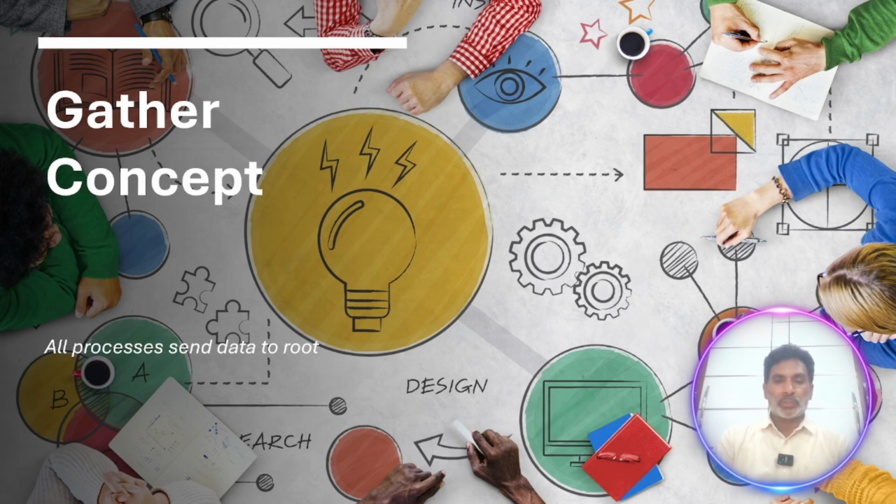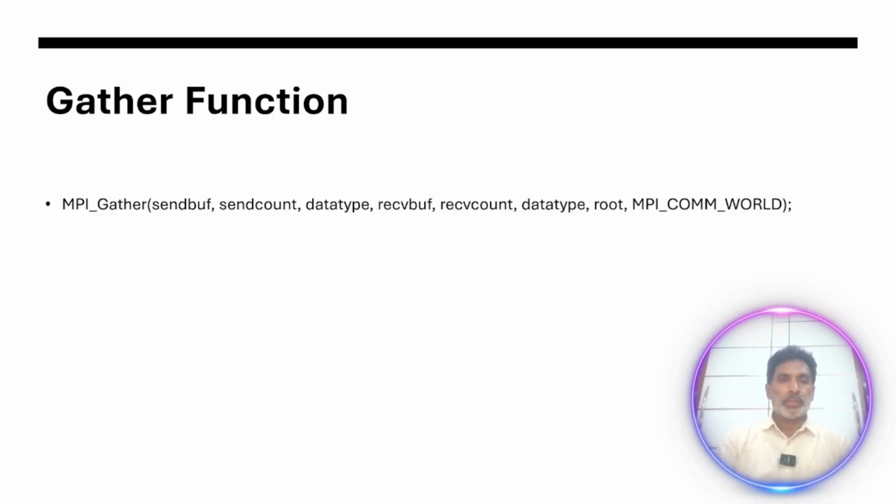And I'm going to explain one simple example of how gather and reduction would be done with the help of multiple threads. And next one is the gather function. If you look at this MPI gather function, these are the different parameters inside this function: send buffer, send count, data type, receive buffer, and receive count.